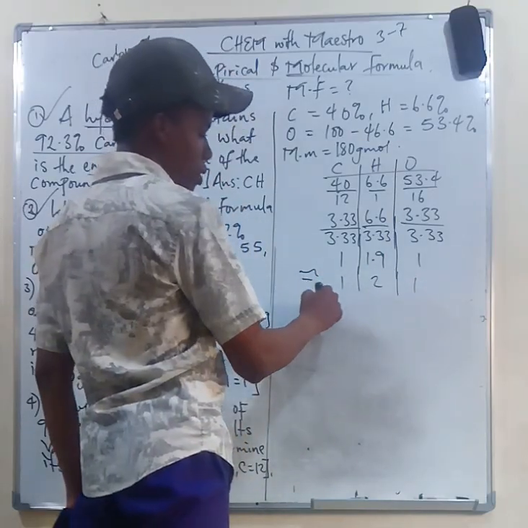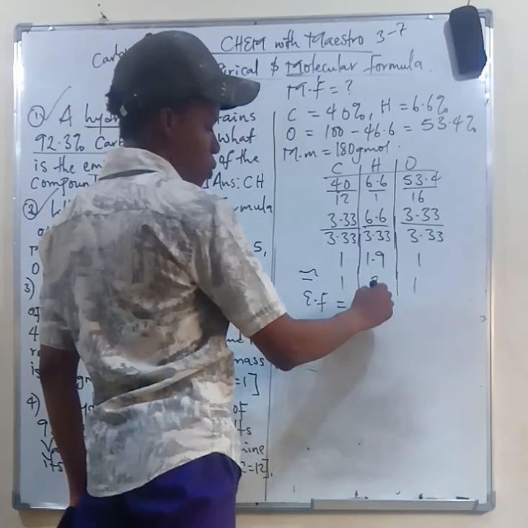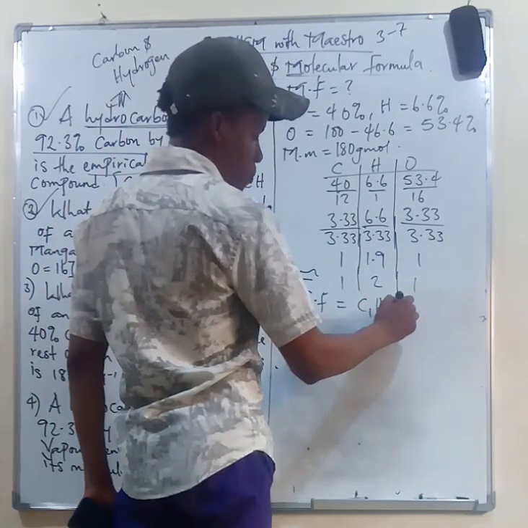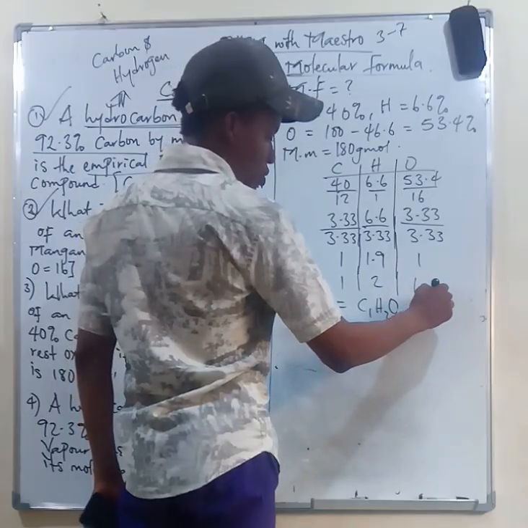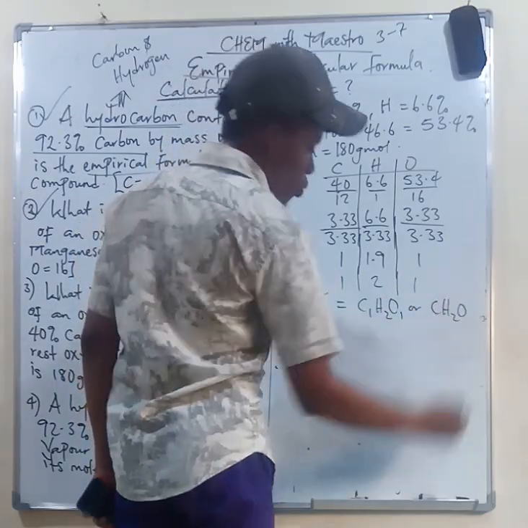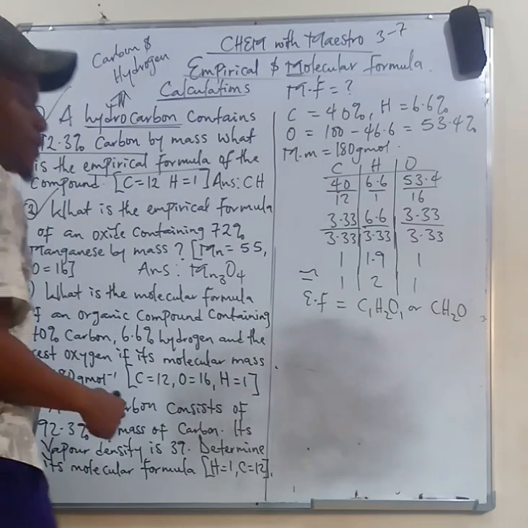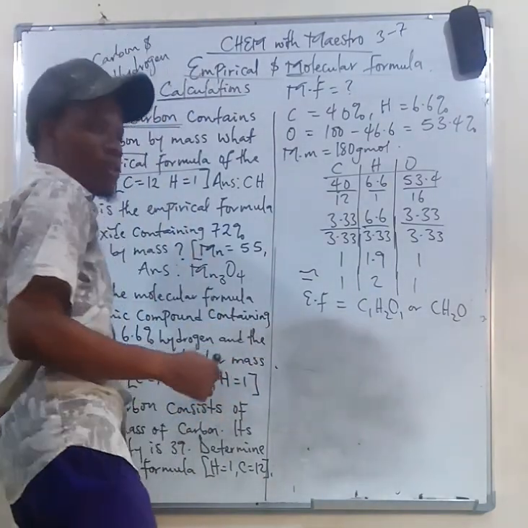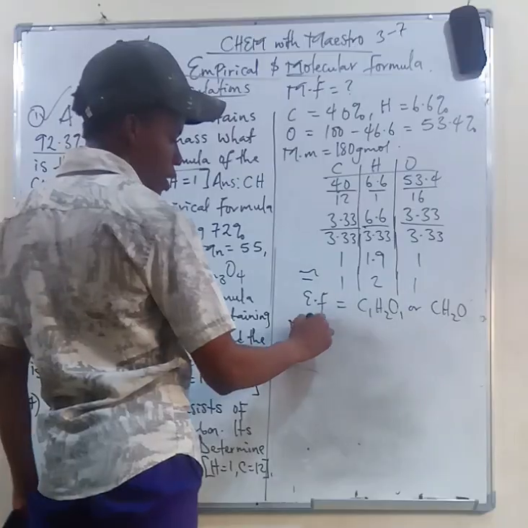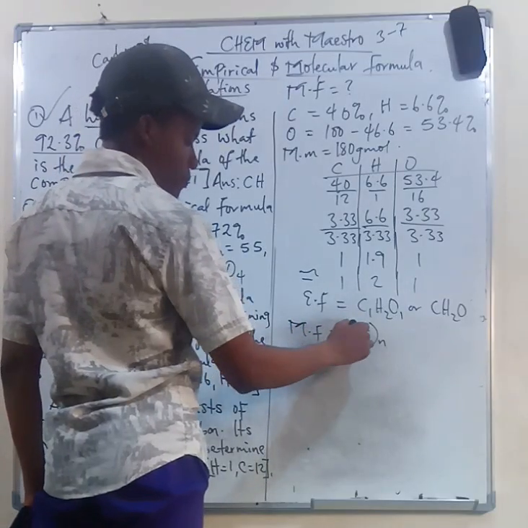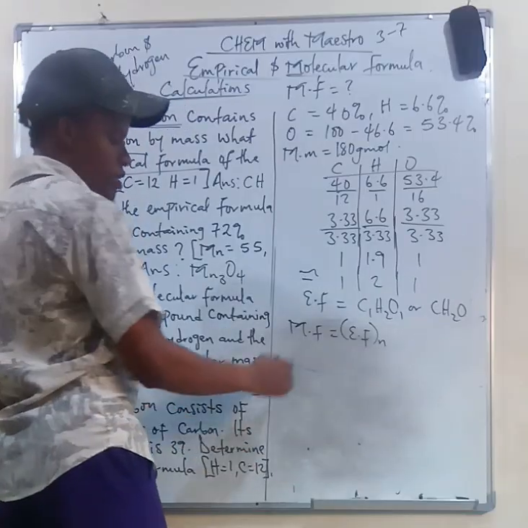So the empirical formula is equal to C1H2O1, or you can basically write it as CH2O. Good. Now, let us find the molecular formula. How do we find the molecular formula? The molecular formula is equal to the empirical formula times N. Now, what is N?